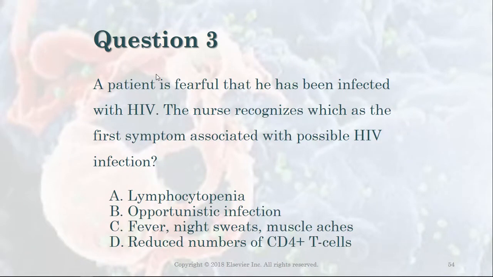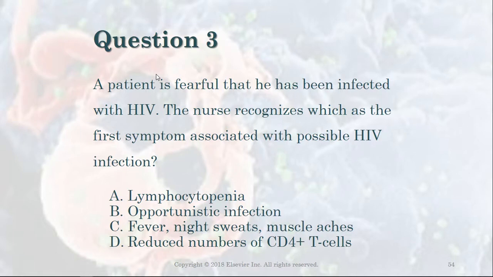A patient is fearful that he has become infected with HIV. The nurse recognizes which as the first symptom associated with possible HIV infection? So that could be an opportunistic infection. That will not be a first sign of HIV.